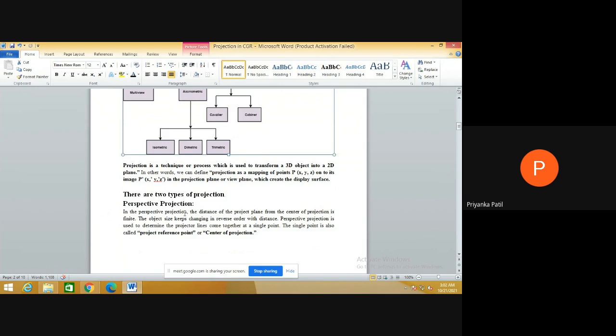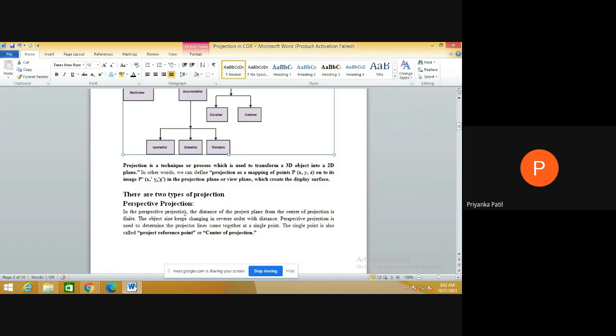So basically in the perspective projection, the lines of projection cannot be parallel. Instead, they all converge at a single point, which is called the center of projection or the projection reference point. Means we hold the single point through which we project, and other points can change.